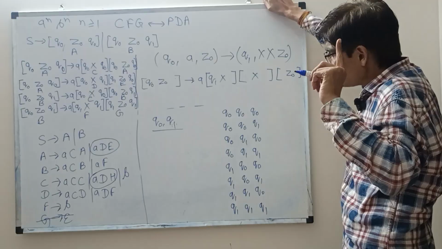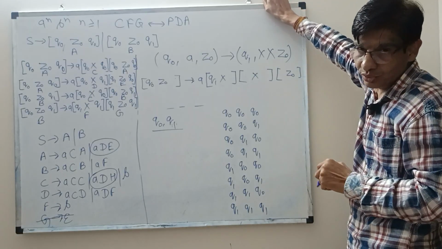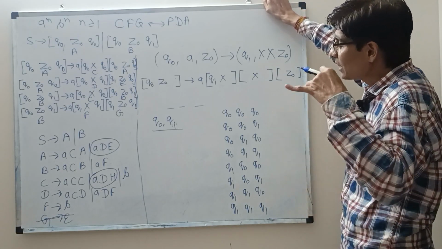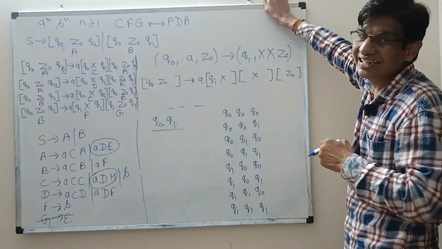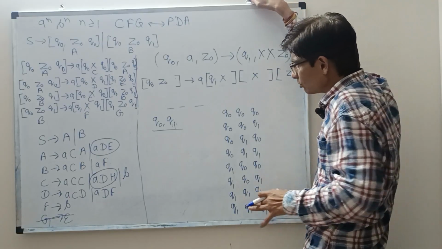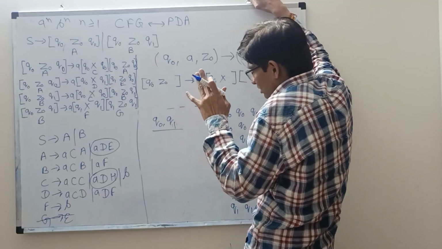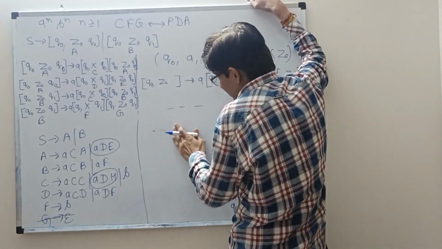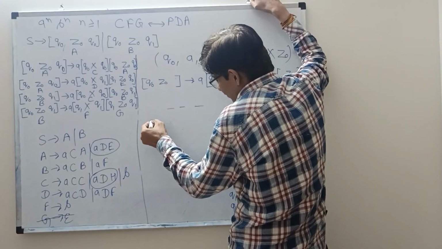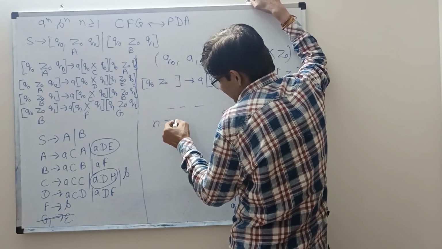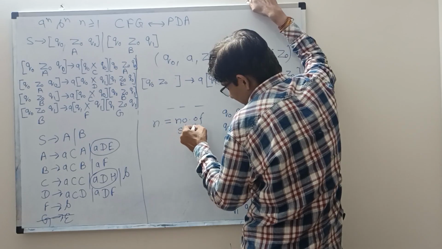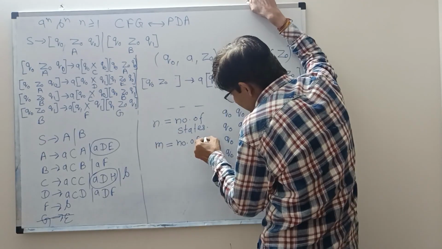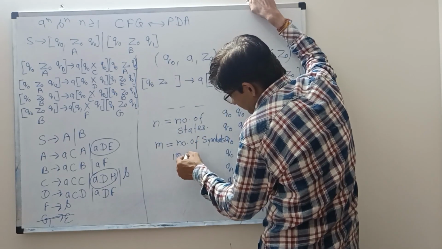Now, if some transition rule is given to you, how would you identify how many productions we can create with this? So now I will tell you the formula. Suppose you have n number of states in the PDA and m number of symbols in the stack string.